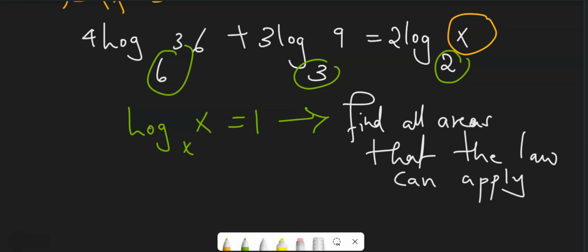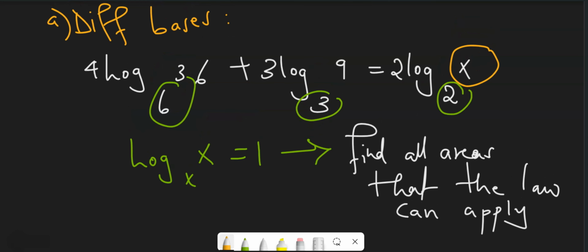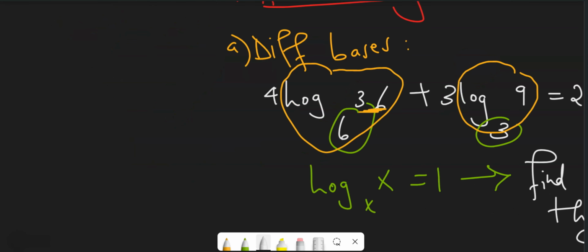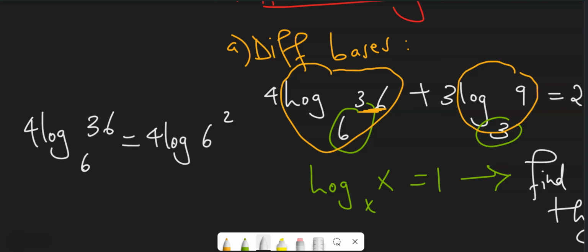So let's see. The first area that we can actually utilize is this area. We have something that can be converted here. We also have this area here. So 4 log 36 to base 6 can be rewritten as what? 4 log 6 squared base 6.